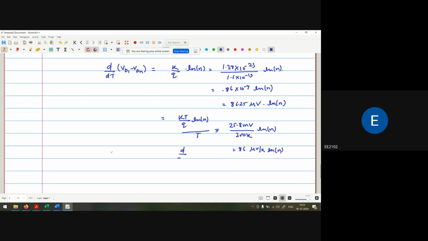This is the value of d by dt of VD1 minus VDN.